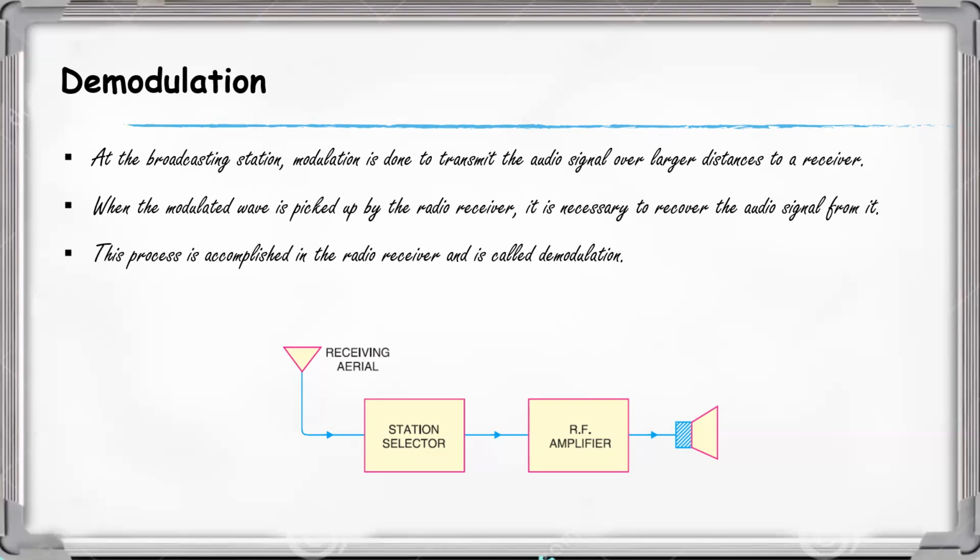That circuit is known as the demodulation circuit, and the demodulated wave contains only the sound wave or the modulating signal, that is amplified and fed into the loudspeaker.